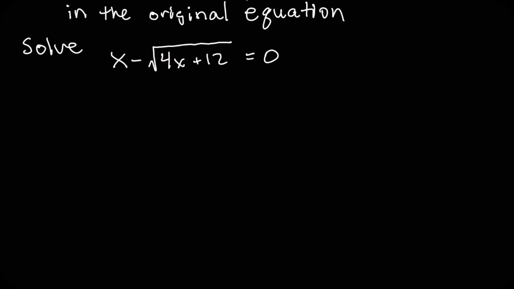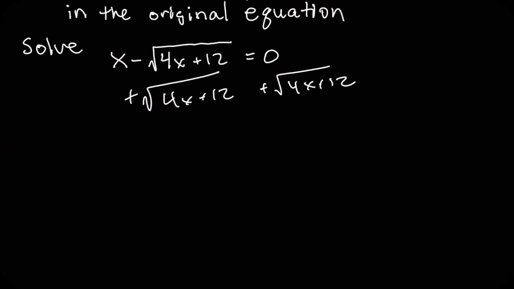So let's go ahead and isolate our radical. In order to do that, we can add this square root of 4x plus 12 over to the right hand side. Okay, so we are left with x is equal to the square root of 4x plus 12, and now it's isolated.